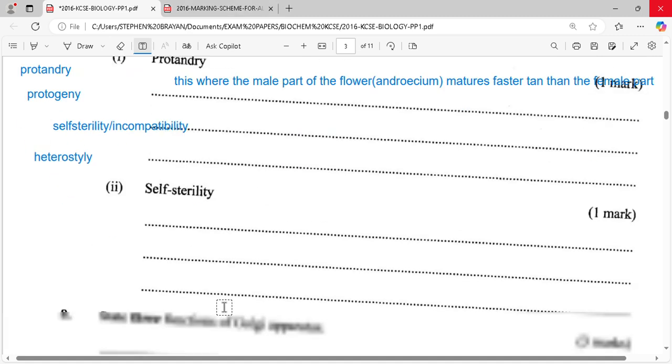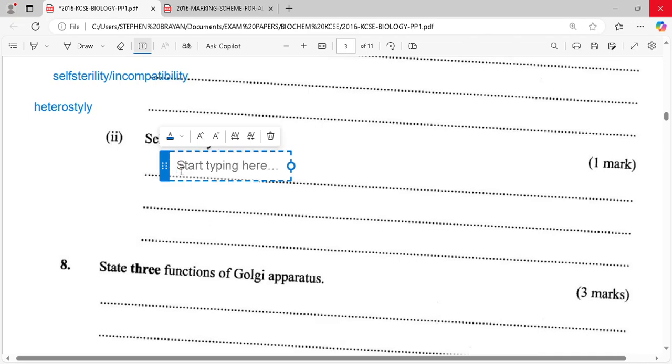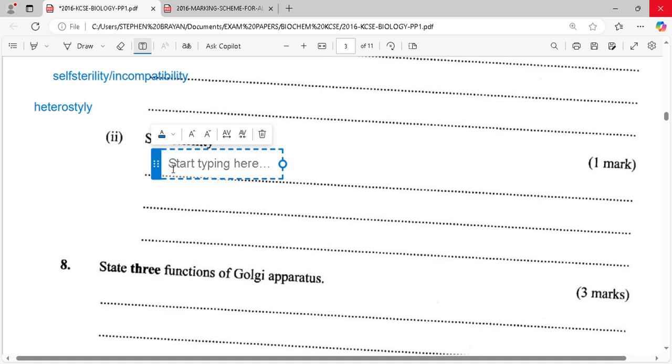Then we come to another factor, self-sterility, that we've talked about here. Self-sterility is where the pollen grains of a flower become sterile to the stigma of the same plant. That means they cannot germinate on the stigma of the same plant.